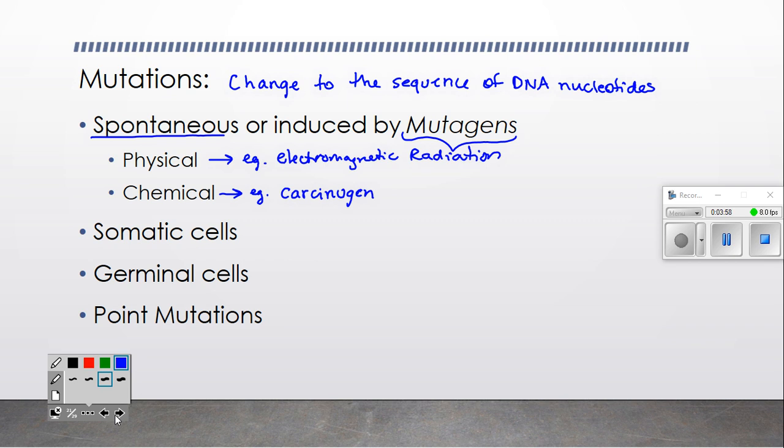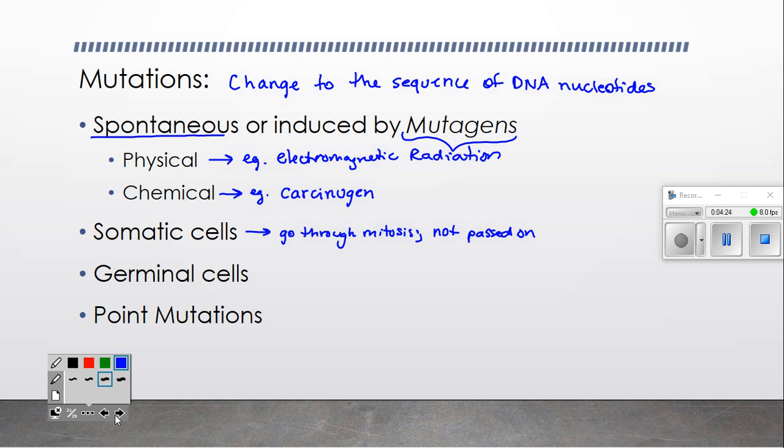Now, when we're thinking about mutations, we really have to remember what a somatic cell is and what a germinal cell is. Somatic cells go through mitosis, and if you think about them, they're not passed on.